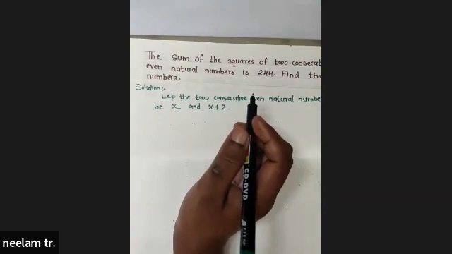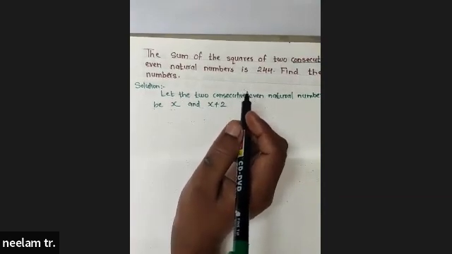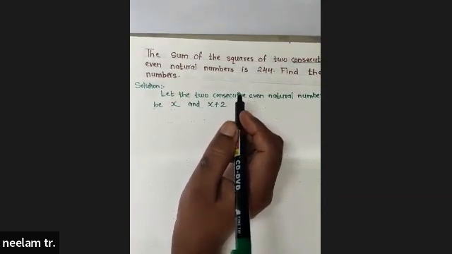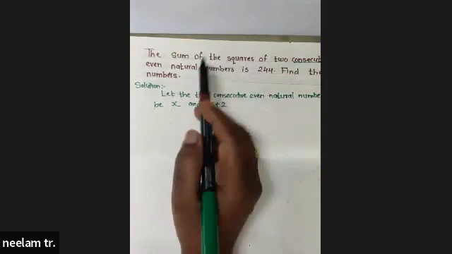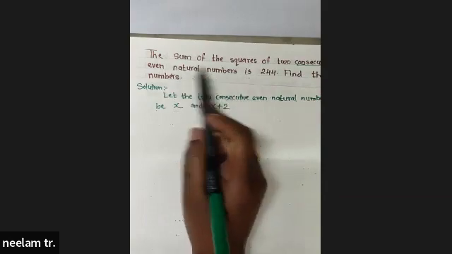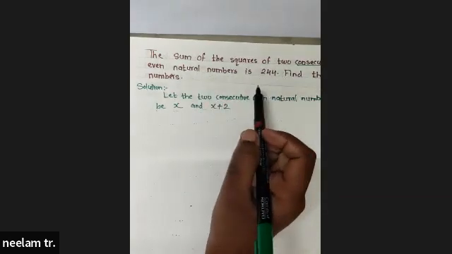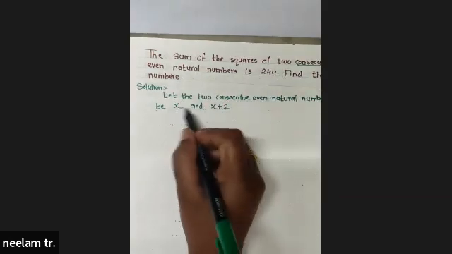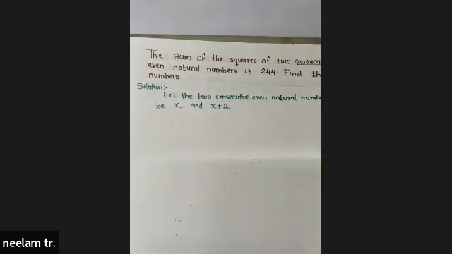One is x and the second one is x plus 2. Then the sum means we will add these two numbers. The sum of the squares of the two means we need to square these two.